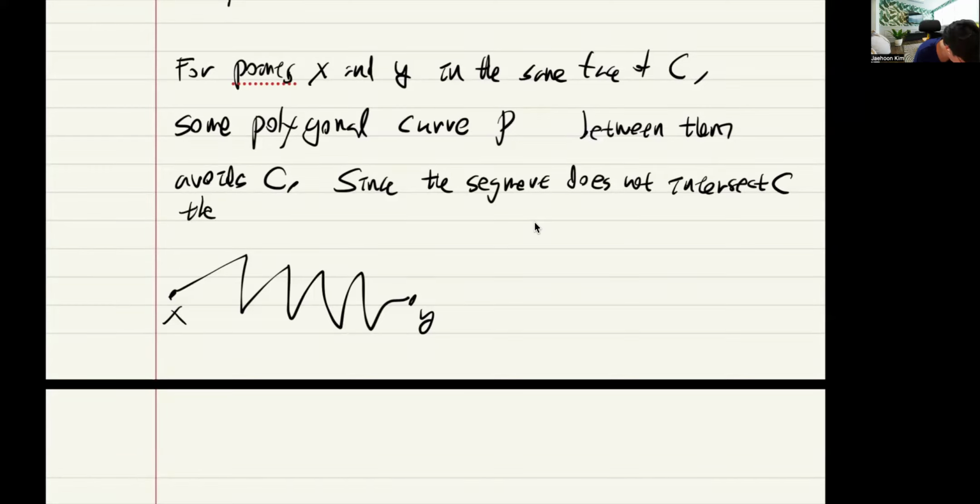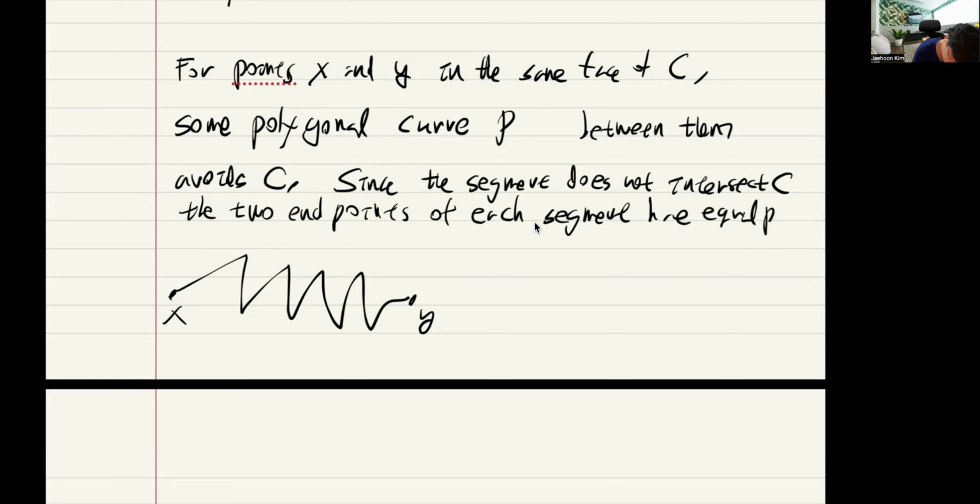We can check that the two endpoints of each segment have equal parity. Why?